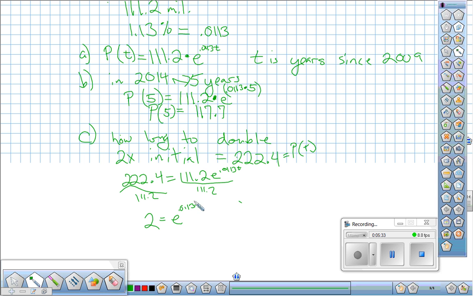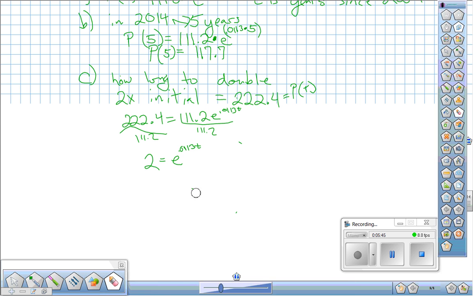And then I'm going to use all the skills that I've just been using in the last chapter to solve this. I can take the natural log of both sides. You can do it a few different ways, but right now I'm just going to take the natural log of 2 equals the natural log of e to the 0.0113t.